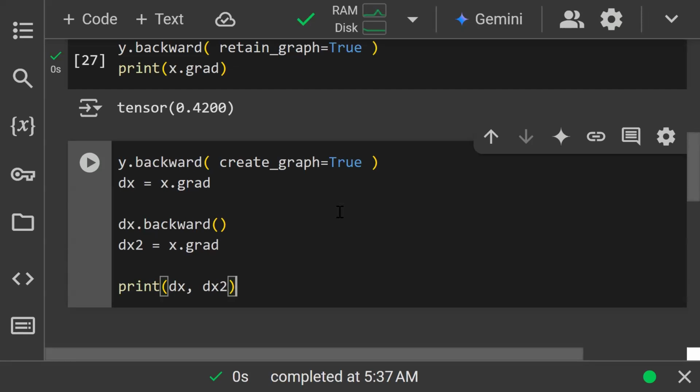So you initially have a computational graph for tanh, right? Which is y. And then y.backward by default will just compute the backpropagation. But if you turn on create_graph equals true, then instead of simply backpropagating the numbers, it'll create a new graph. And through that graph, it'll do the backpropagation, right? And then compute the gradient.